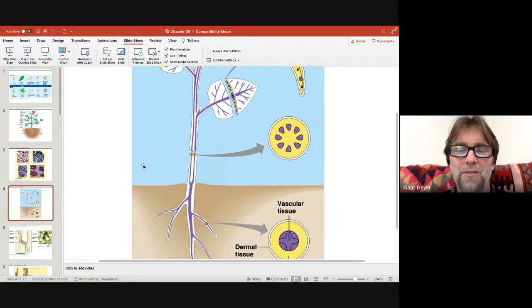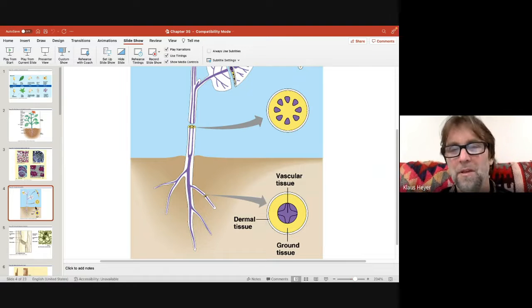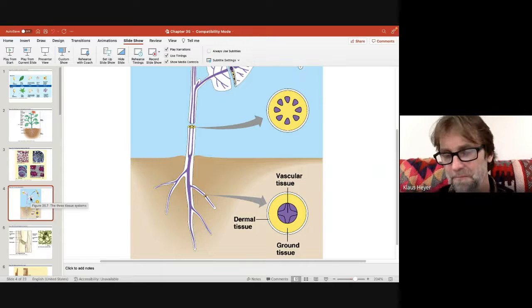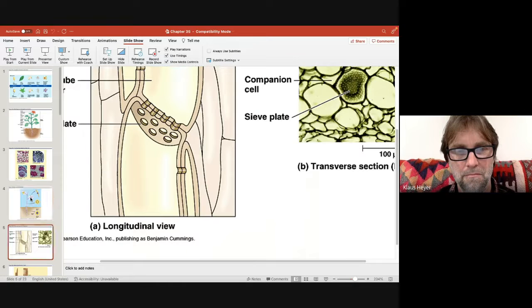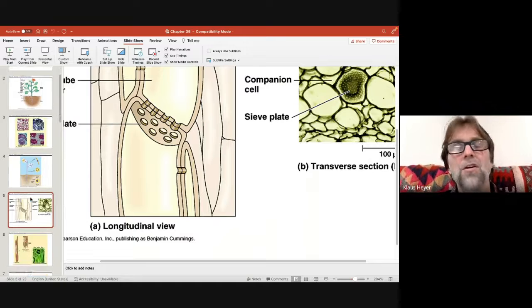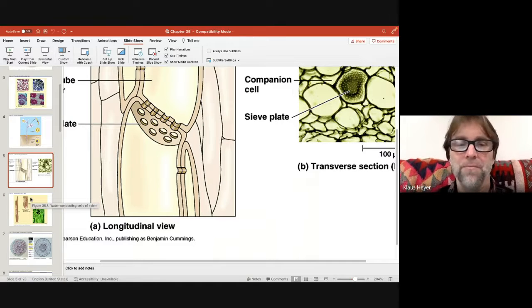I'm probably not going to ask you anything about them because there's nothing to say. What is dermal tissue? Well, it's a skin. So just know the three types of plant tissue: vascular, dermal, ground. Know which one carries water, which one carries sugar.